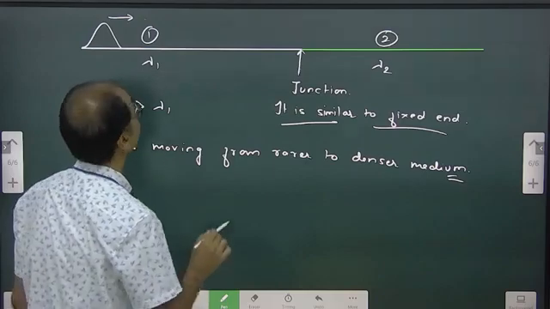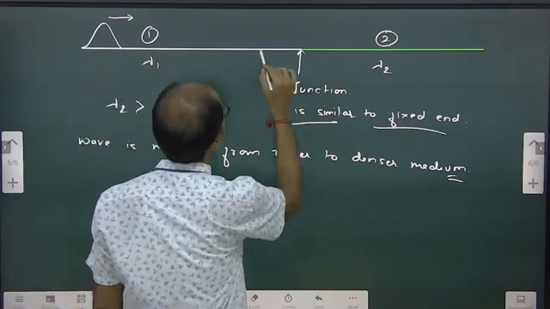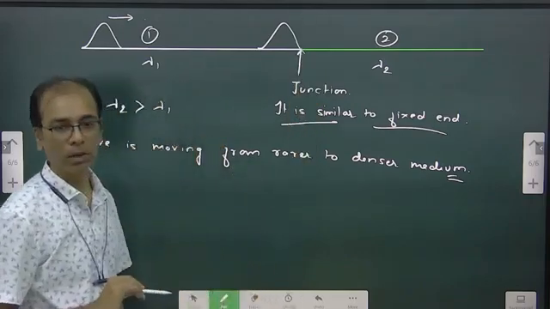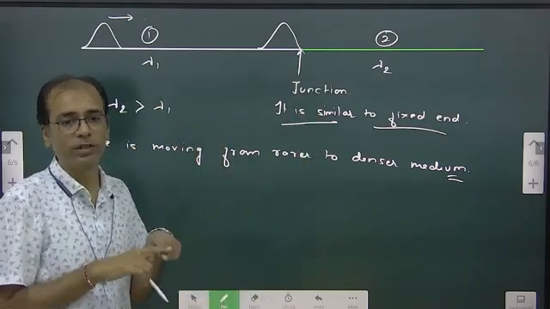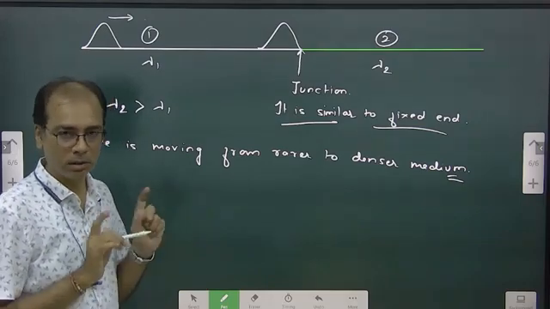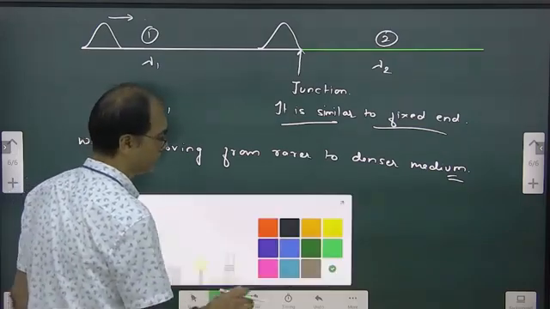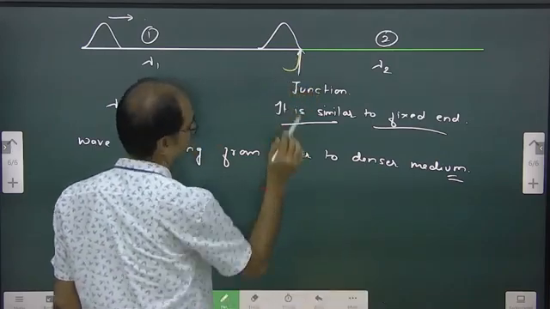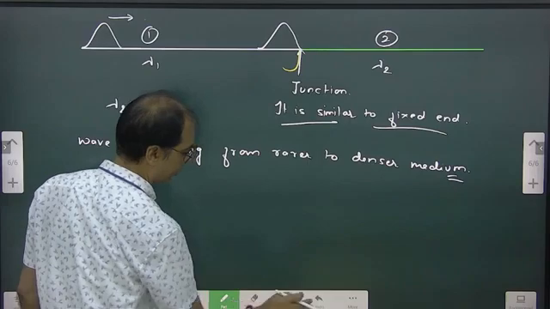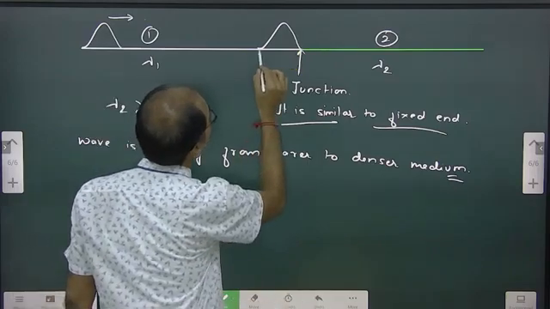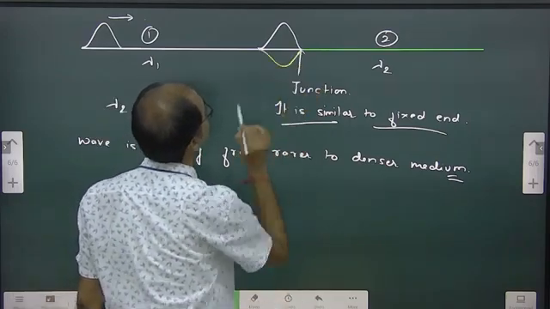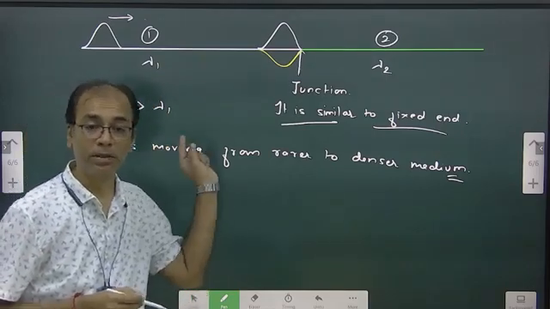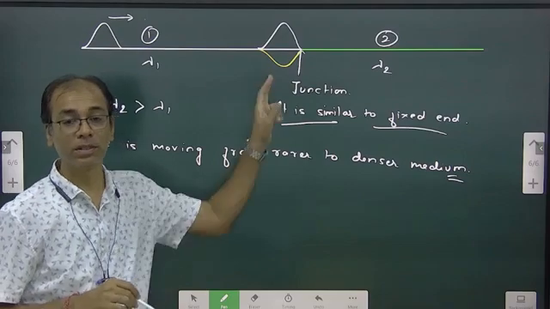See now, I'm just showing you. This pulse is going to reach here. If it's similar to a fixed end, that means there will be a reflected pulse also. This is the reflected pulse. But at the same time, there will be a transmitted pulse also, because this is not fixed.